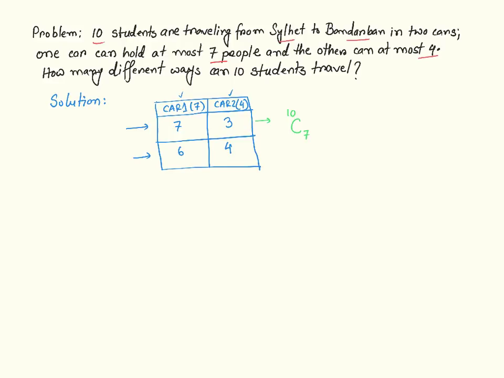Once I pick 7 people, I'm left with 3. This can be thought of as event 1 and this as event 2. Event 1 can happen 10C7 ways. Then event 2, if we already picked 7 people, 3 are left, and that can happen in 3C3 different ways. Together they can happen in this many ways. You have to multiply them out.